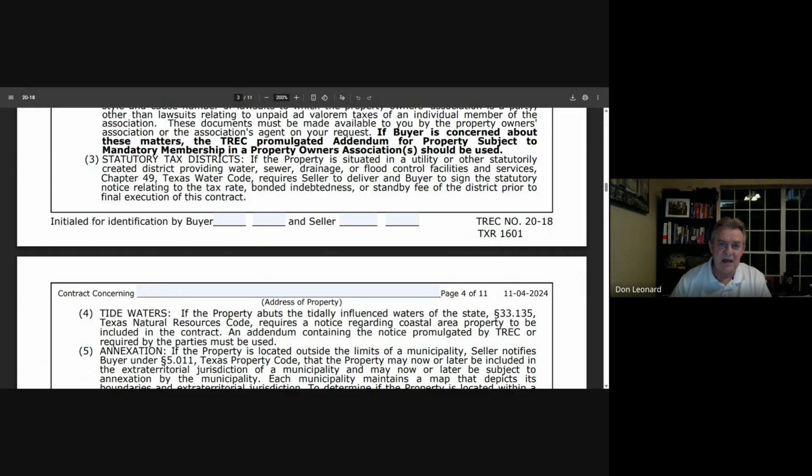And a lot of times, even if the deed restrictions are available online, that's really not what they're describing when they talk about subdivision documents. The HOA addendum talks about subdivision documents, and deed restrictions are only a small part of that.